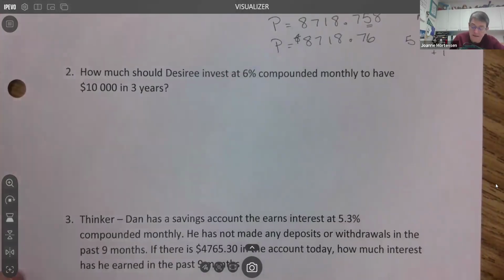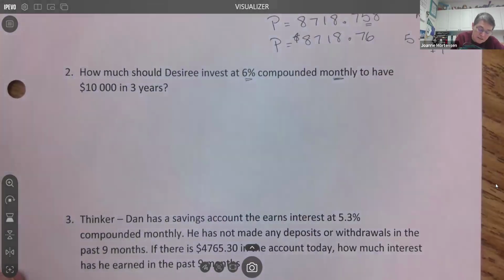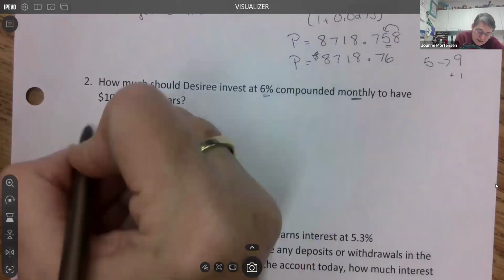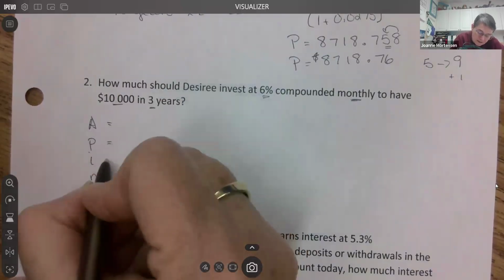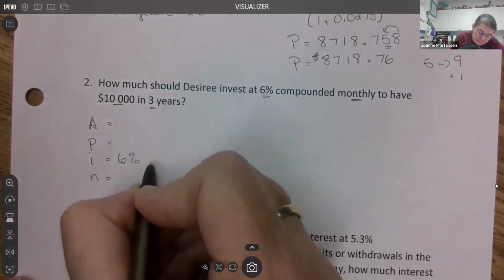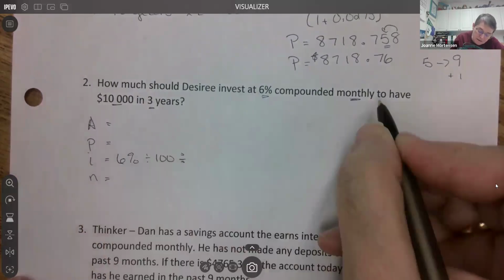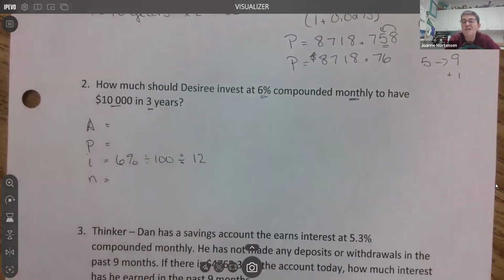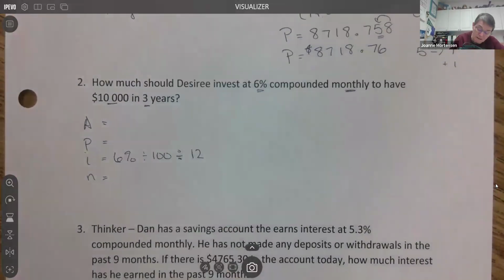How much should Desiree invest at 6% compounded monthly? Okay, so we got percent, we got monthly, to have $10,000 in 3 years. APIN. Divided by, we got monthly, so that's 12. Hey Joanne, do I always have to do the months first? No, I don't care what order you do it in. I just do the months first because for me it's easiest, because there's only going to be one number with a percent.